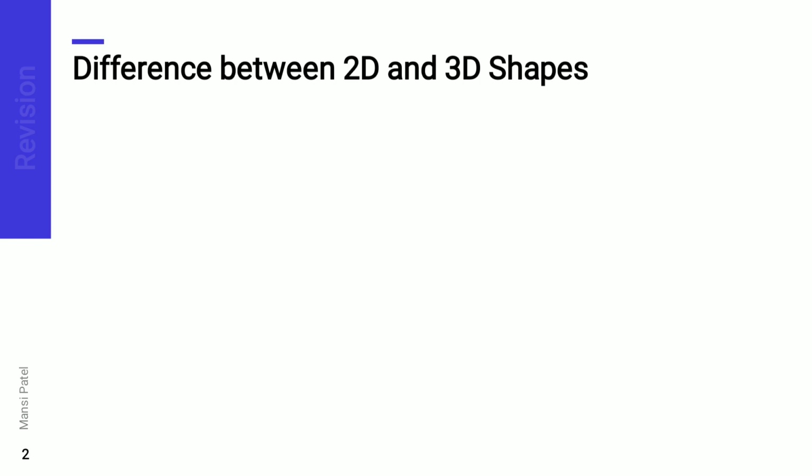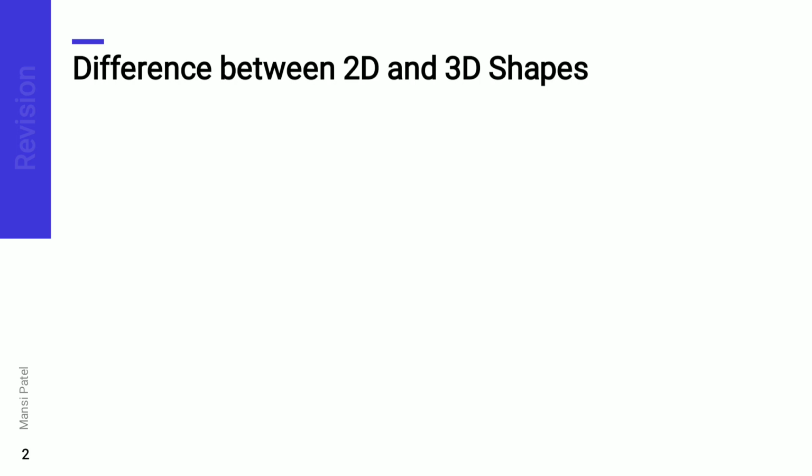But before studying the difference between 2D and 3D shapes, we are going to see the definition, and remember what 2D shapes and 3D shapes are. 3D shapes means the shapes having 3 dimensions, and 2D shapes means the shapes having 2 dimensions. The 2 dimensions are length and breadth.